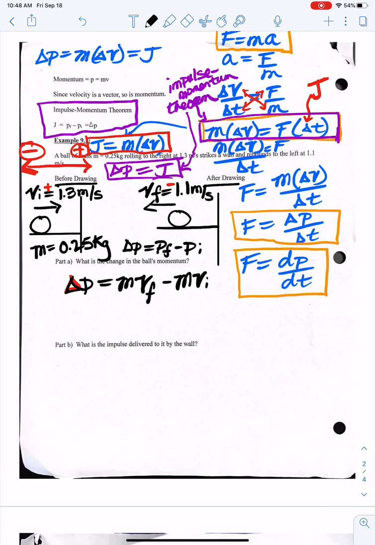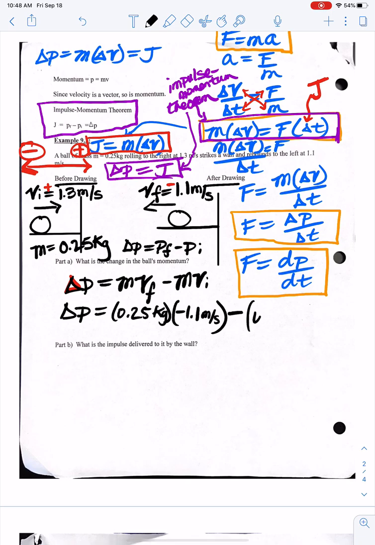Let's go ahead and plug in 0.25 times VF, which is negative 1.1, and let's subtract 0.25 again, this time times VI, which is that positive 1.3.